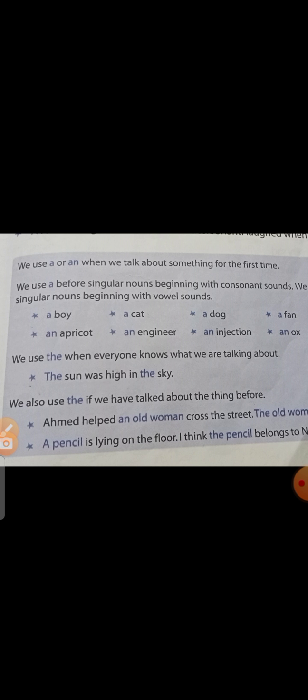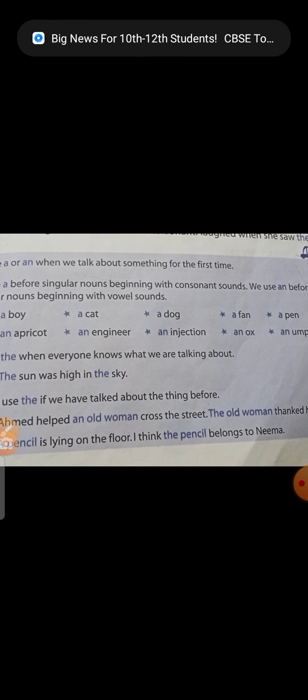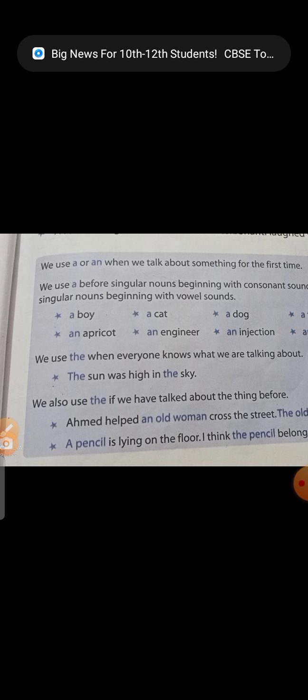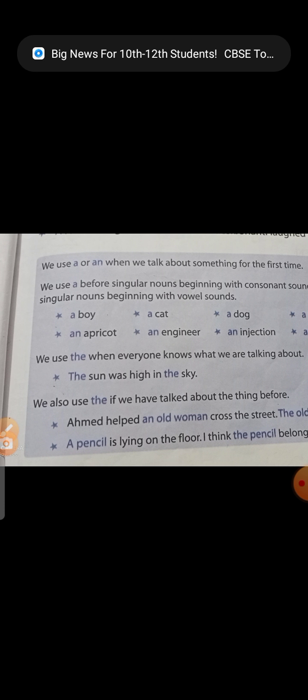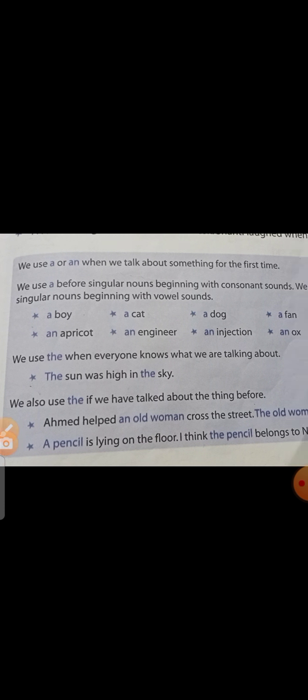We use a or an when we talk about something for the first time. We use a before singular nouns beginning with a consonant sound. We use an before singular nouns beginning with a vowel sound.